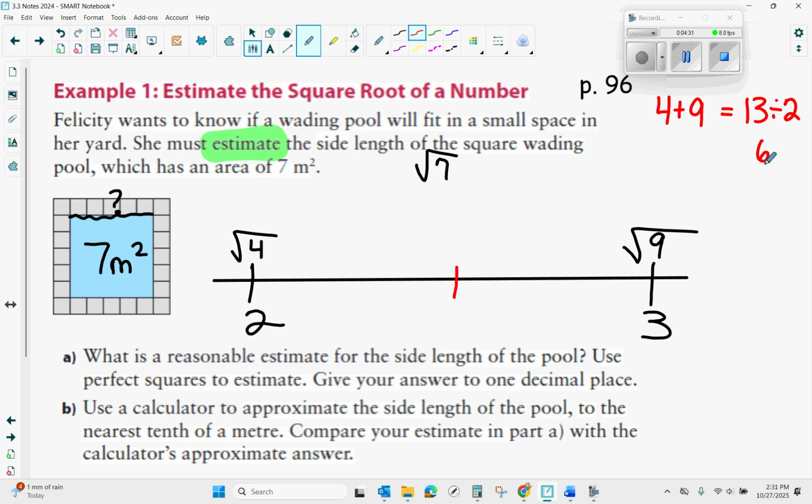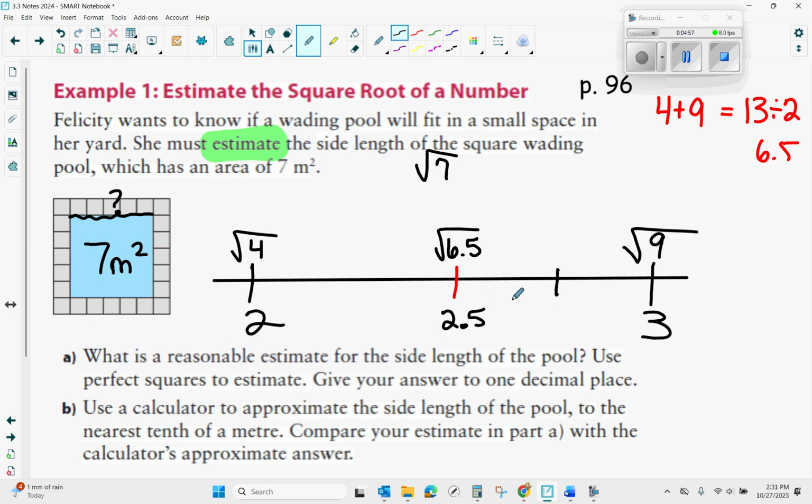So 6.5 would be the middle of 4 and 9, and then the middle of 2 and 3 would be, of course, 2.5. I want the square root of 7. I'm getting much closer with 6.5. I would probably find the middle again, just to make a really good estimate.